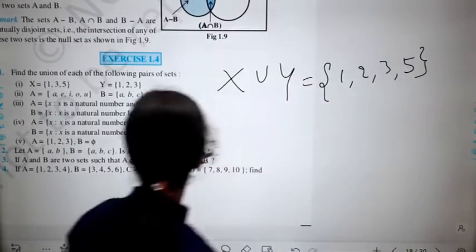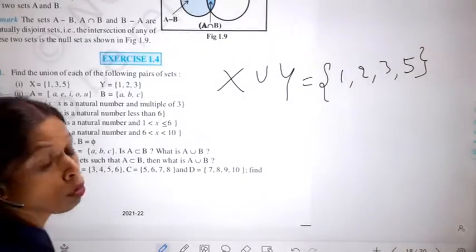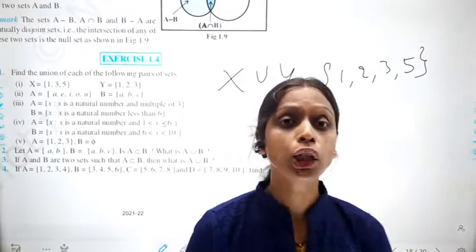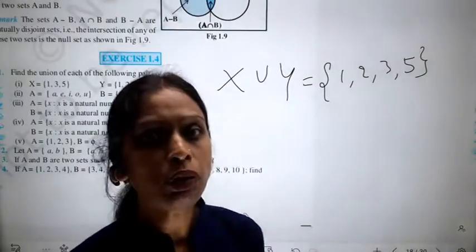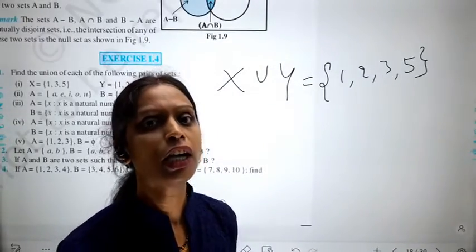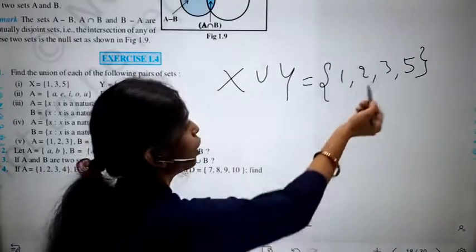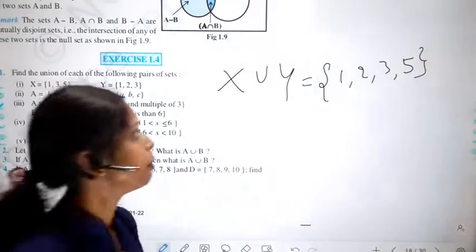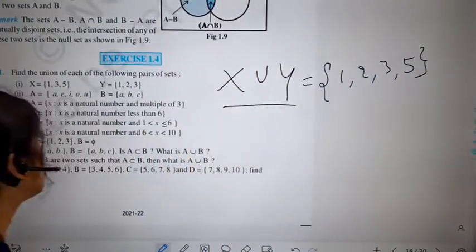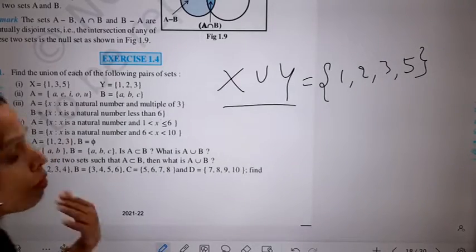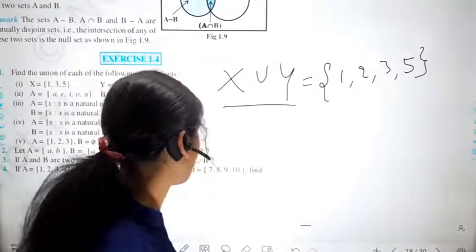Why? Because the union is the collection of all those x such that x belongs to A or x belongs to B. That's why 1, 2, 3, 5 are the elements of x union y. Practice like this at home.